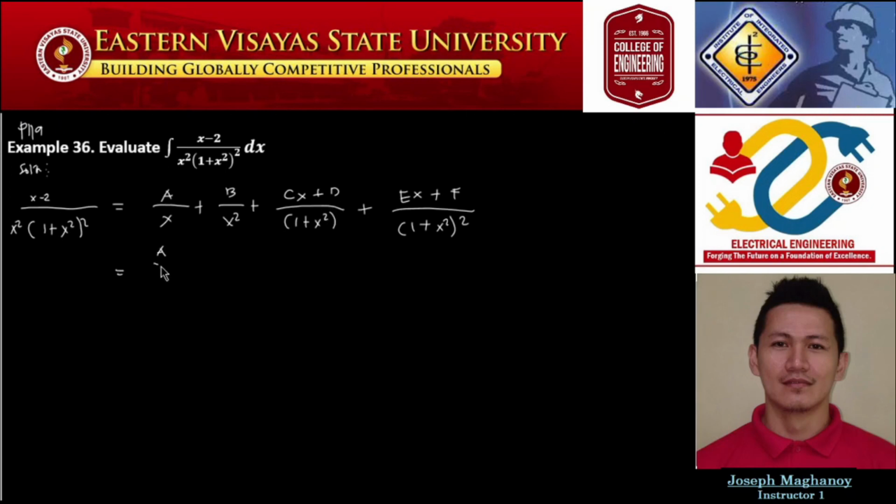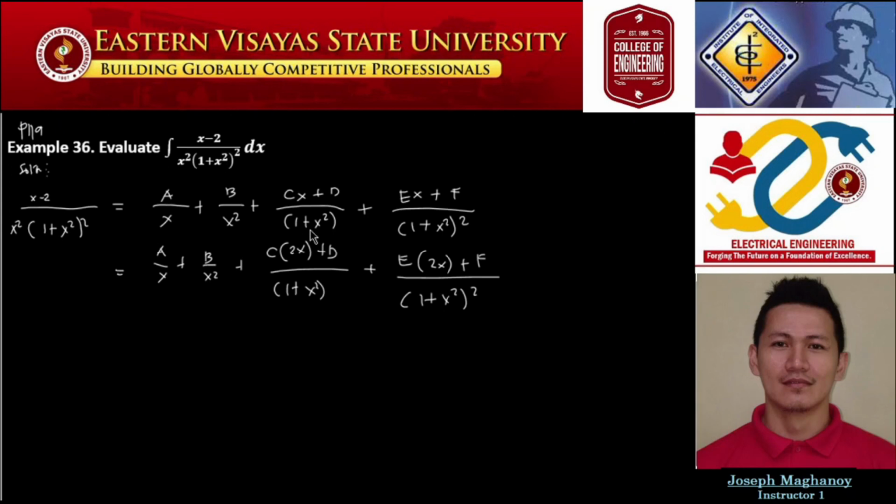So A over x plus B over x squared plus C, which is the first derivative of 1 + x squared, that is 2x, plus D all over 1 + x squared, plus E, again the first derivative, that is 2x, plus F all over your distinct quadratic factor (1 + x squared) squared.